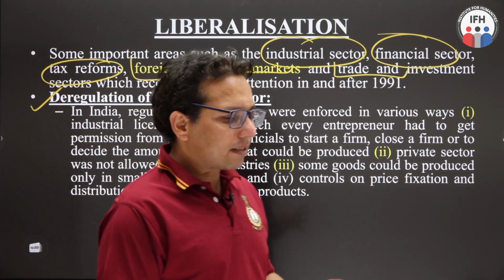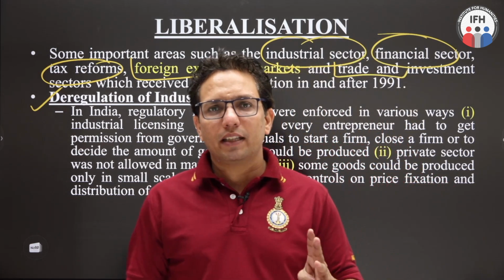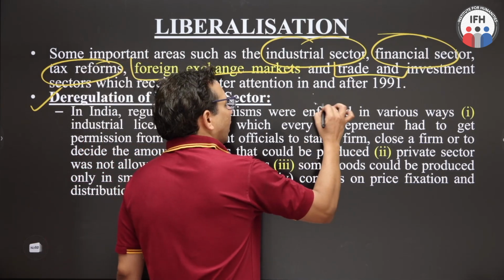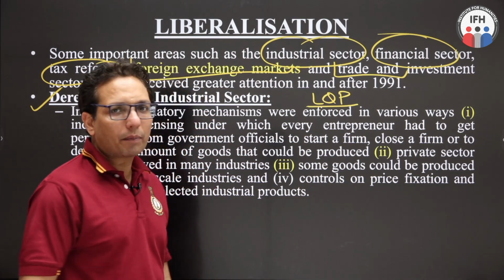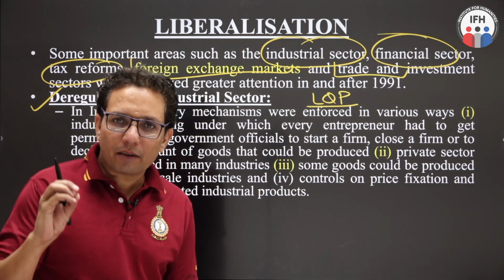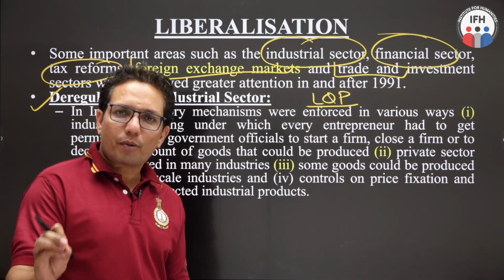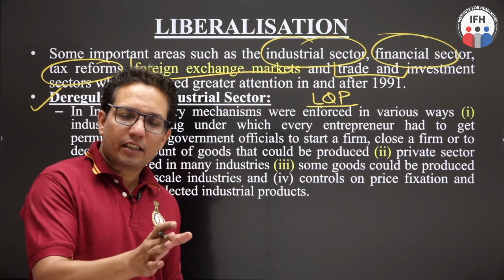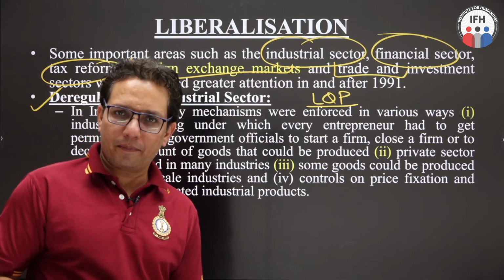There were four types of regulations in Indian industry. The first type was the license, quota, permit Raj. If any entrepreneur had to start a business, stop a business, increase production, or change the area, he had to take a license from the government.